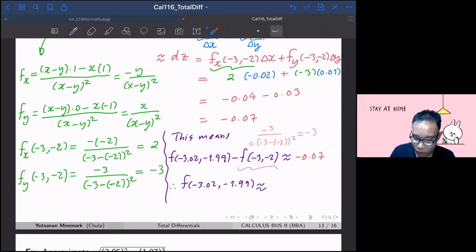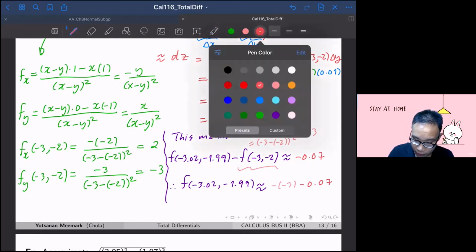You allow to move this term to the other side, so you're going to get negative 3, and you're going to have negative 0.07.